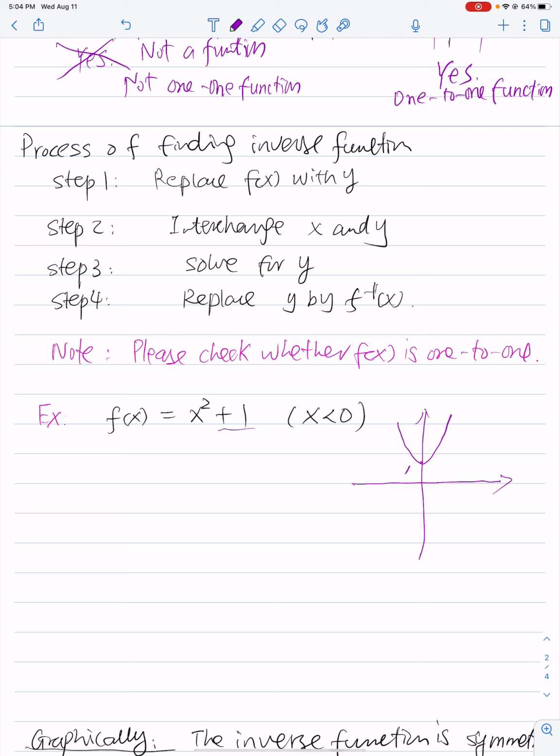What does x less than 0 mean? It means the domain is less than 0, yeah? Are you with me? As in a piecewise function, we only want the left side. We do not want the right side.